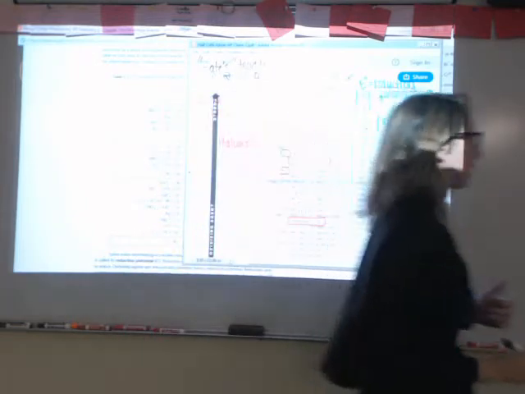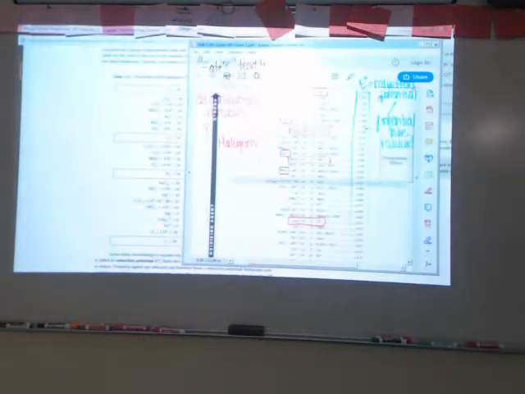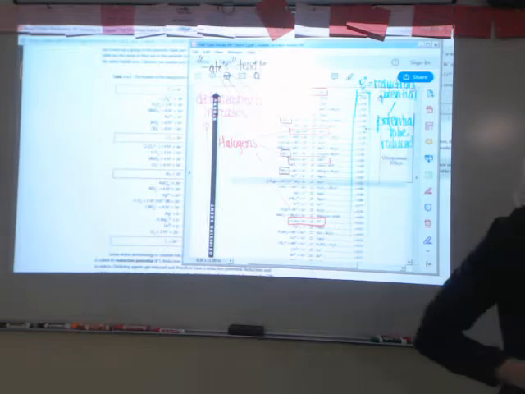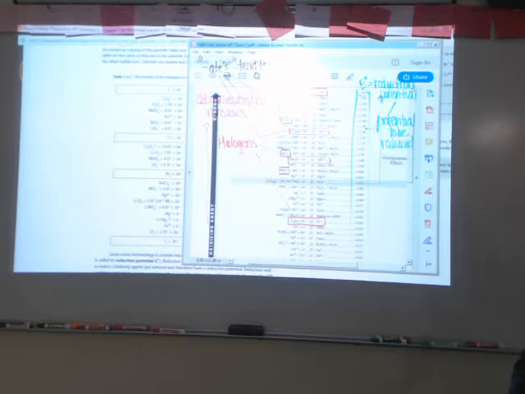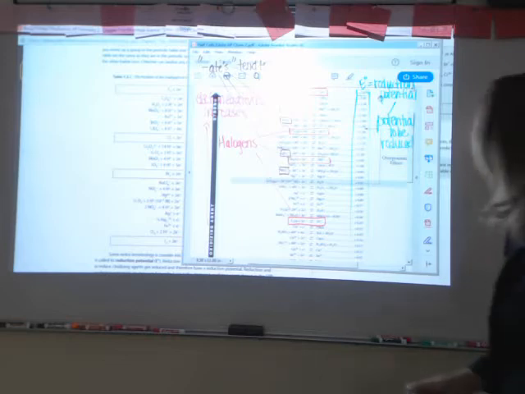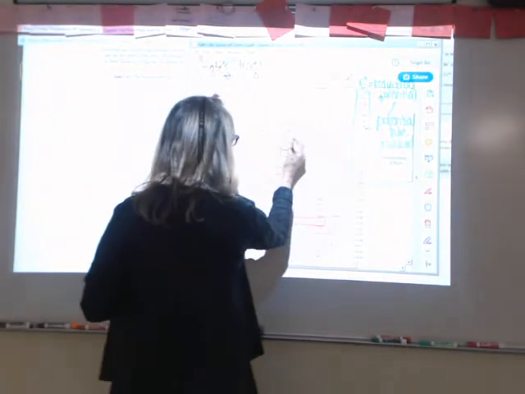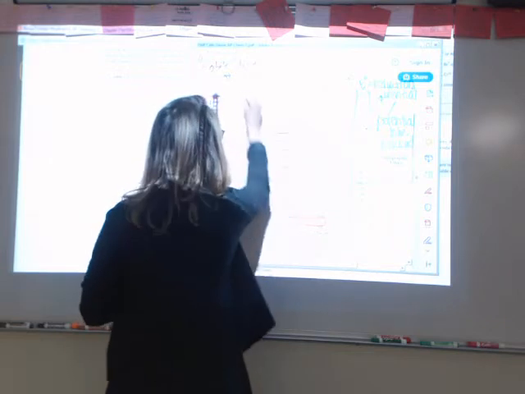Okay, so permanganate, bromate, iodate. We've also got dichromate and chlorate. Dichromate is right here.